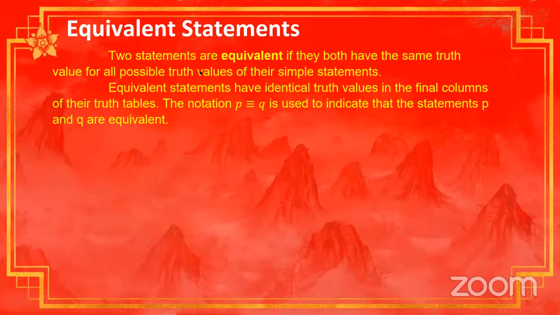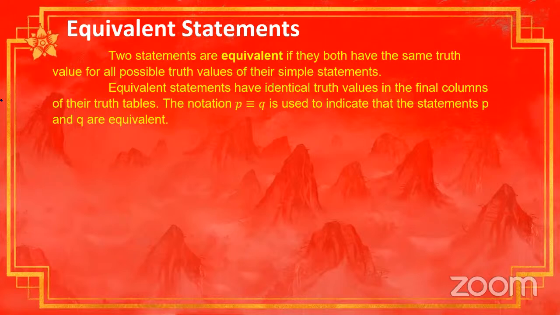Kailan nga ba matatawag na yung dalawang statements are equivalent? Iba-iba yung given. From the word itself, equivalent, parehas, similar. So, two statements are equivalent if they both have the same truth value for all possible truth values of their simple statements.